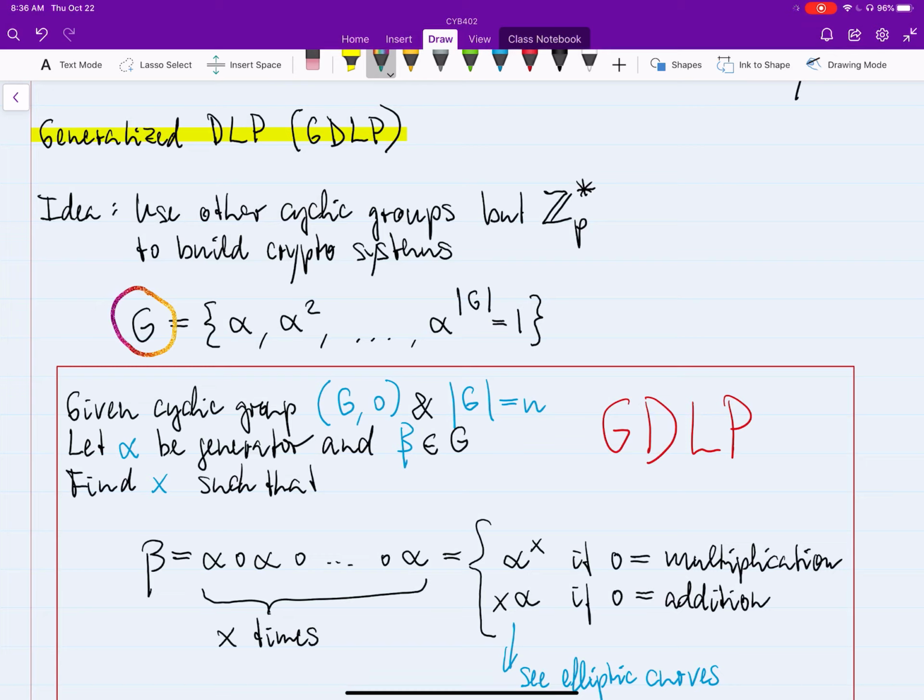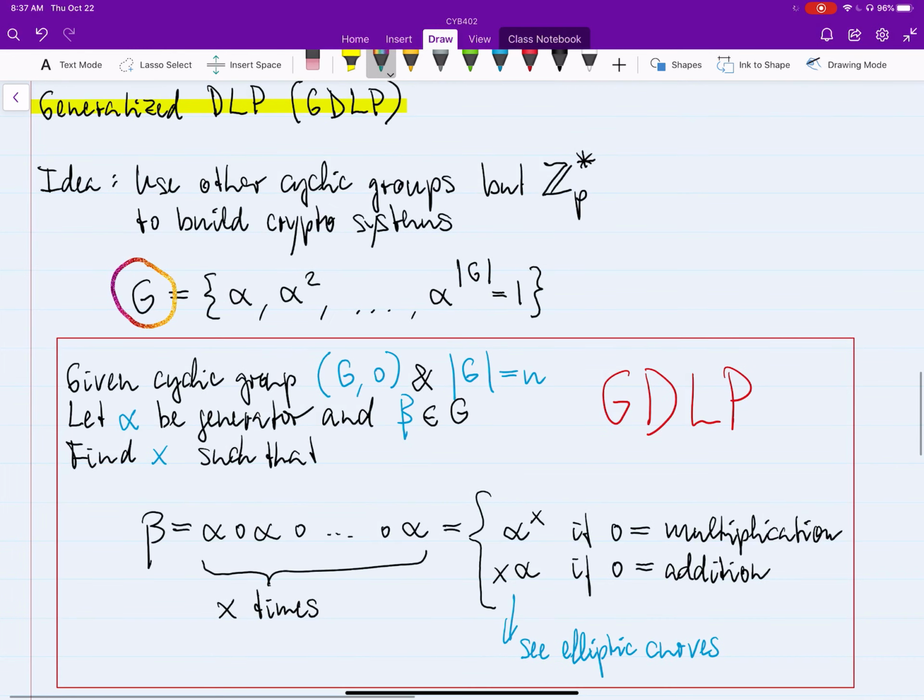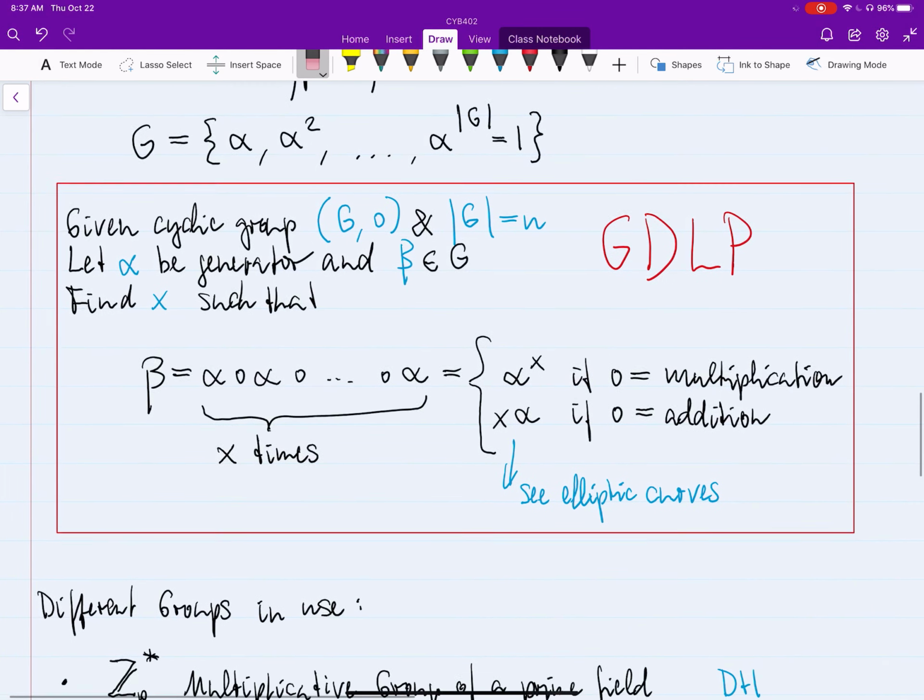What we did was we used exponentiation and multiplication to do that. But this is the very idea of the generalization, to not necessarily only consider multiplications, but other operations to generate each of the elements of the group. So that's the idea, and let's define that idea in more abstract terms.